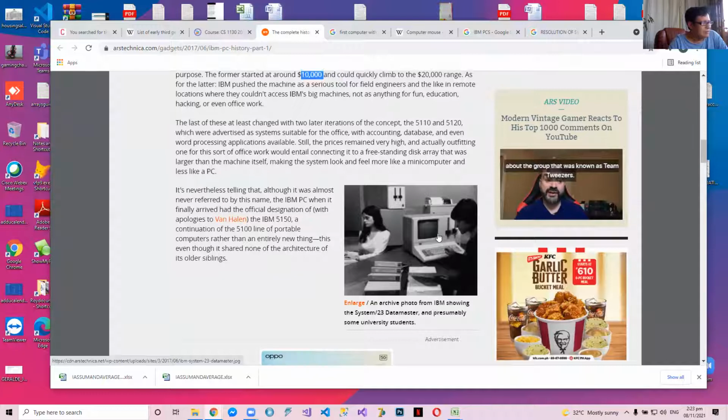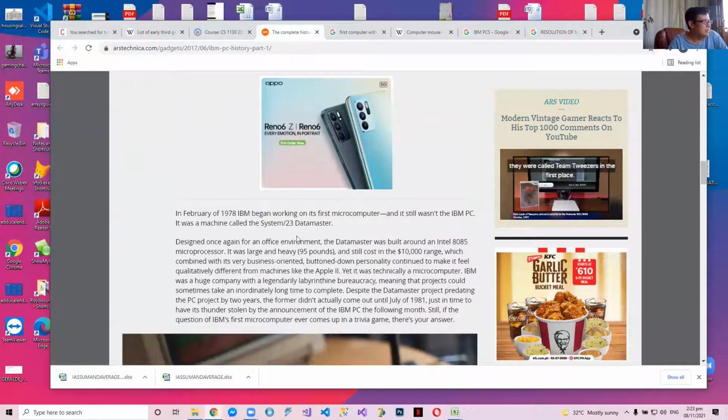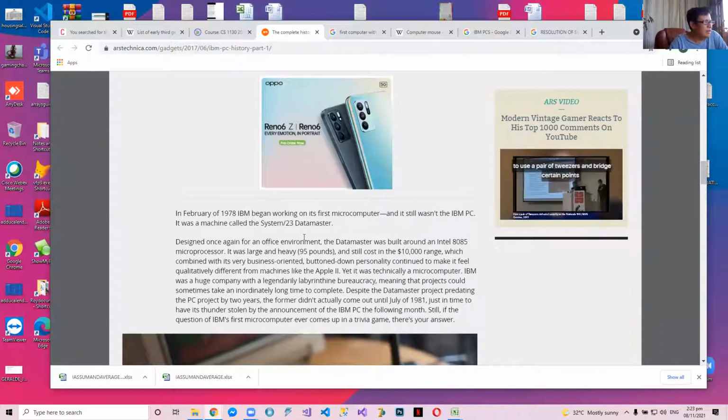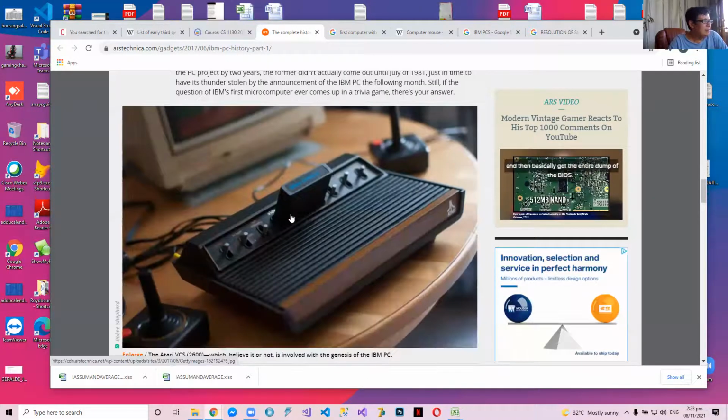Okay, so this is how the IBM PC looks like. IBM 5150 microcomputers. Okay, so the first official was in 1978, called System 23 Data Master.